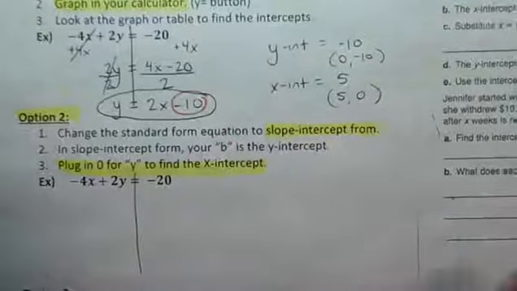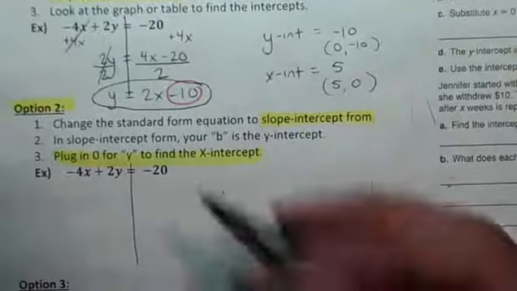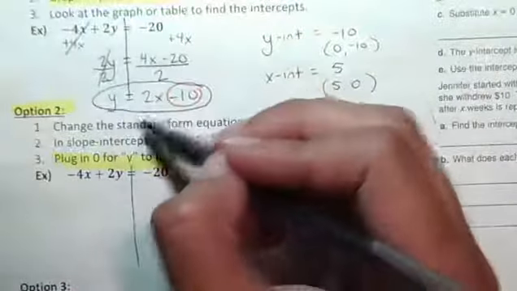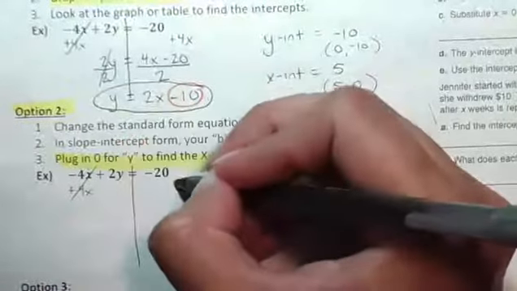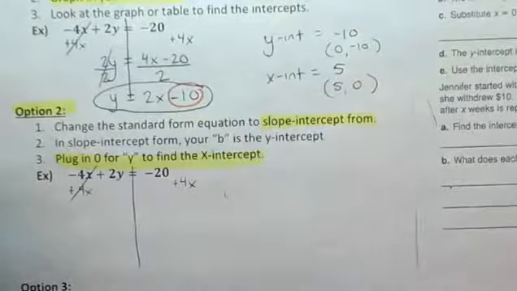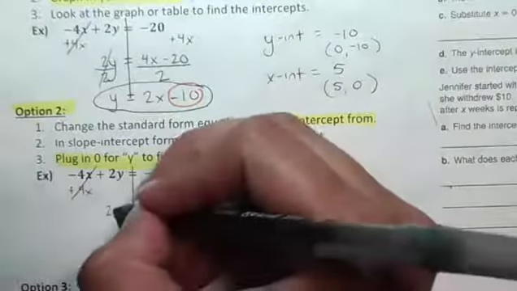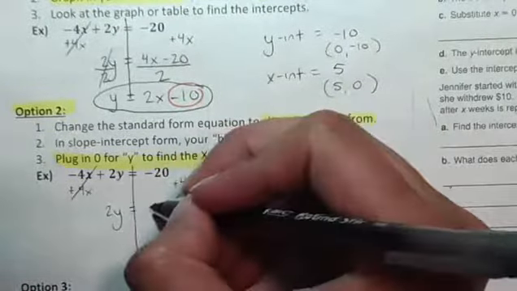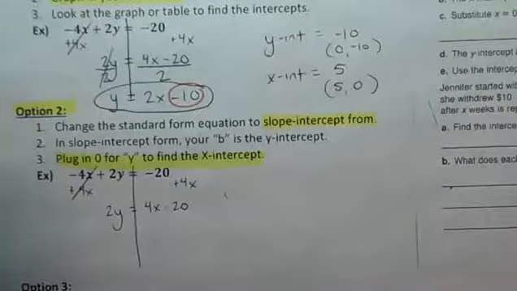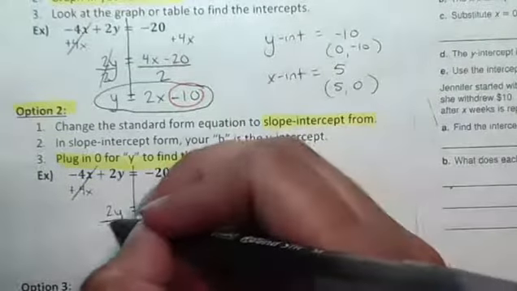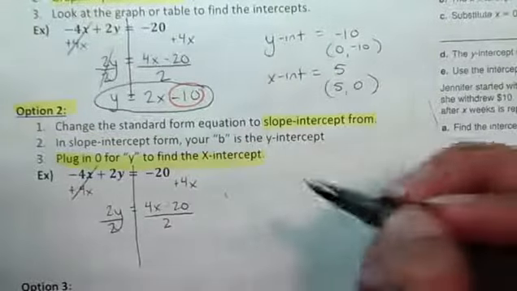So again, step 1, we want to convert this to slope-intercept form. So it's going to look exactly the way it did up here. I'm going to add 4x to both sides. I'm going to rewrite what I have. 2y is equal to 4x minus 20. Divide by 2 each side.